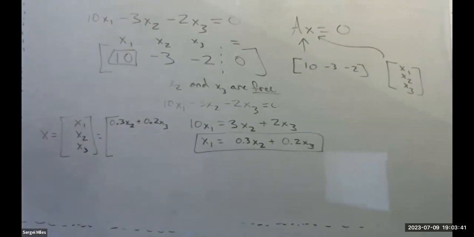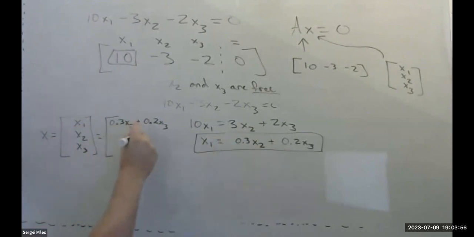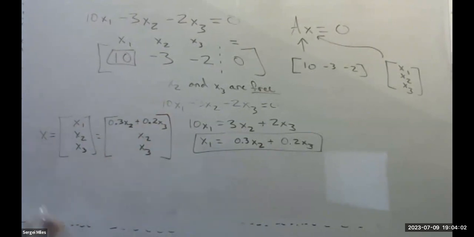Forget about whether they're free, forget about whether they're pivots. Once you've done that, then rewrite this column vector where you set pivots equal to whatever your equation was, but your free variables are going to remain themselves. Once you've done this, now we can pull it apart into parametric vector form. Okay, what does that mean? Let's just focus on the x2s.